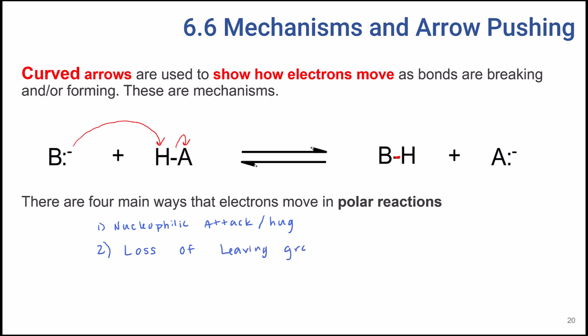And this is going to result in a leaving group that leaves. We have a proton transfer, which is the one we just drew. This typically happens in acid-base reactions. And a lot of times it's abbreviated as plus minus H. And our last one is a rearrangement.